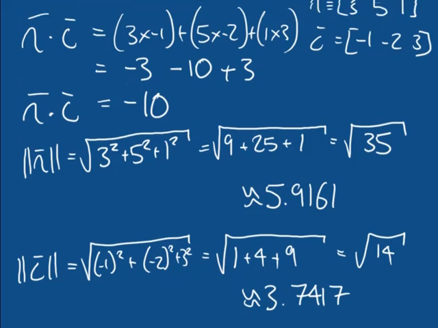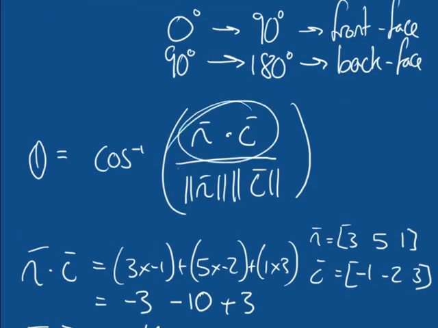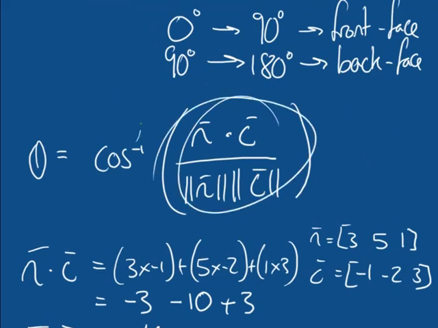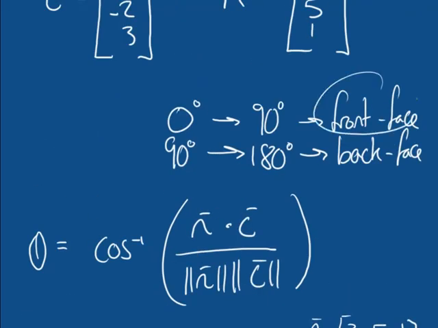So we now know the value for n dot c, the magnitude of n, and the magnitude of c. So we can work out this value, take the inverse cosine of it, and that will give us our angle. We can then compare that angle to see whether we are a front face or a back face.